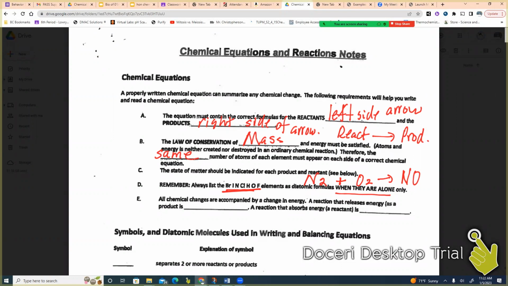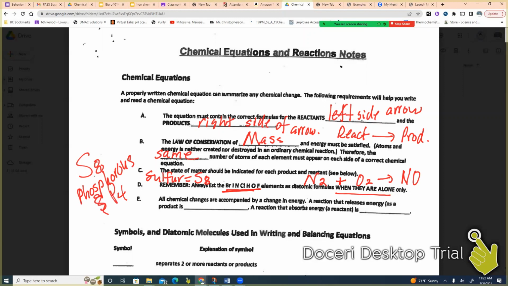There are also some that are called polyatomics. So if we have sulfur and it's all by itself, it exists as 8 atoms together. And then phosphorus, all by itself, it exists as 4 atoms together.